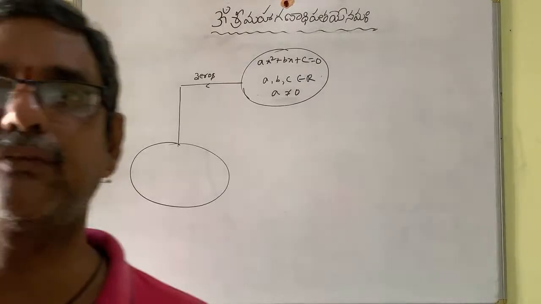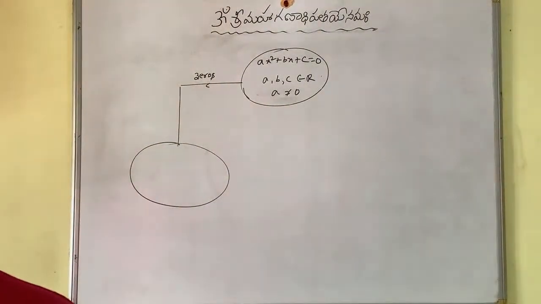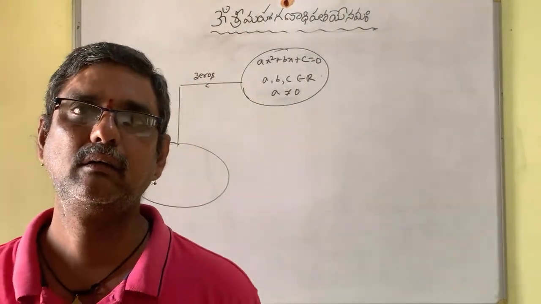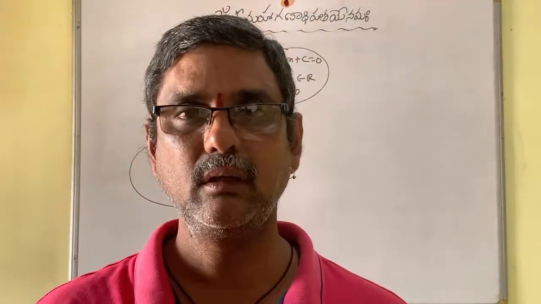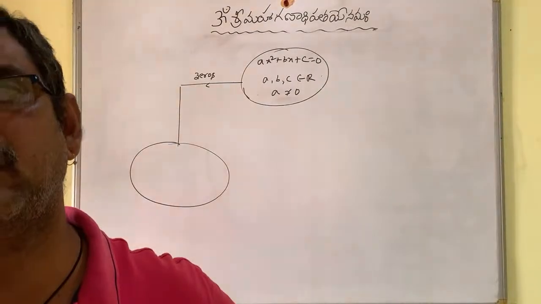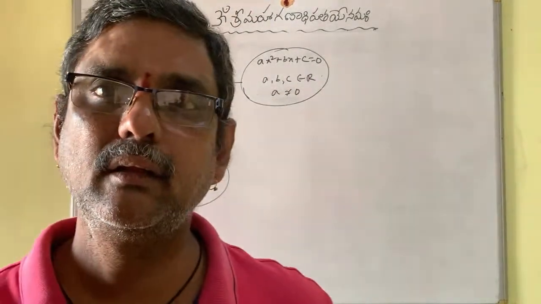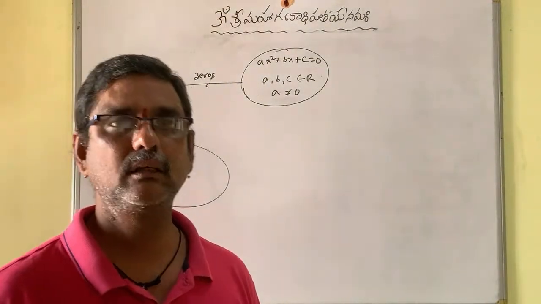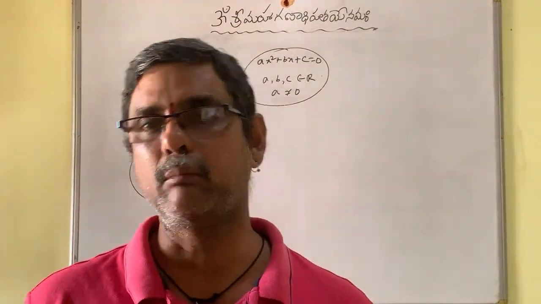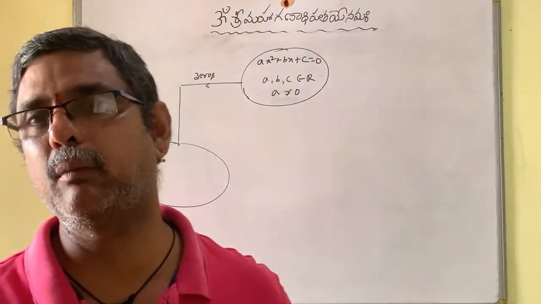What are the methods we have? Actually 4 methods are there. One is splitting the middle term, second is the graphical method, third is the method of completing squares, and fourth is the quadratic formula.